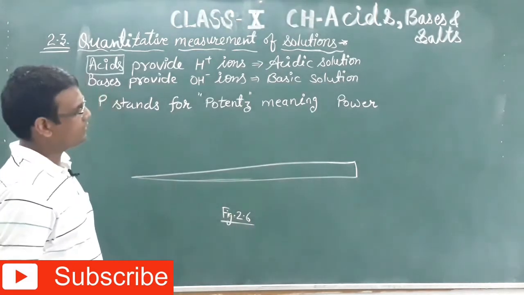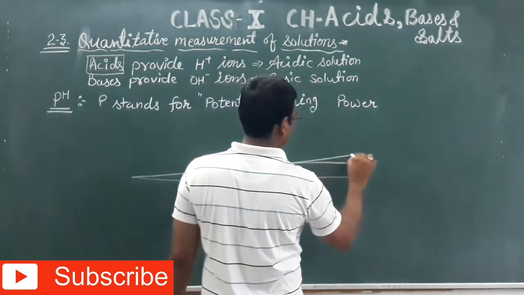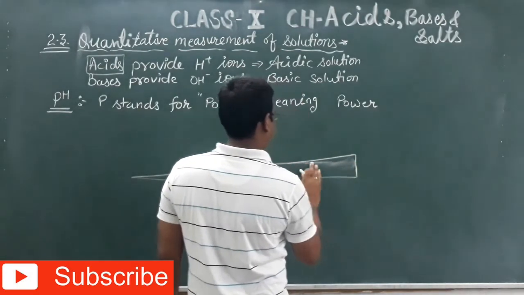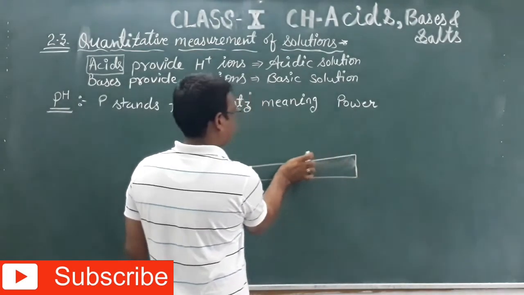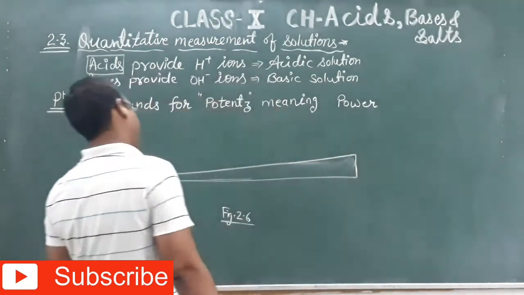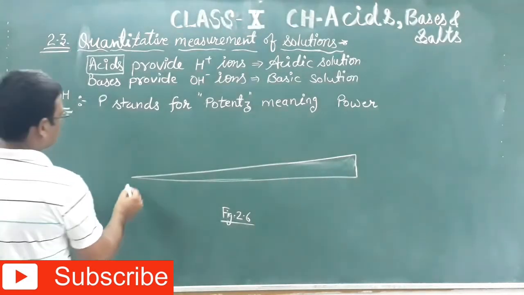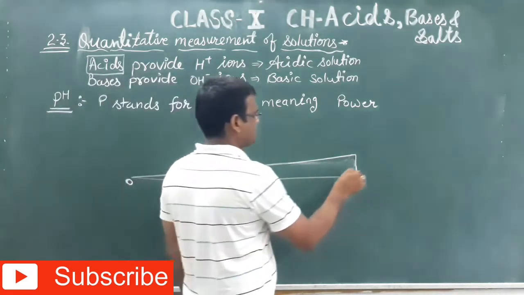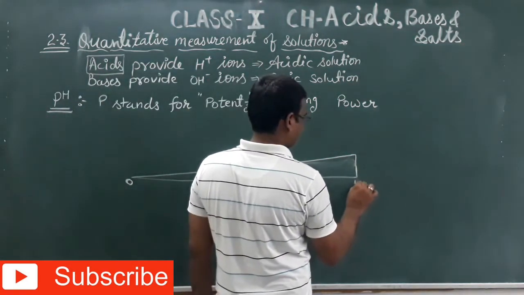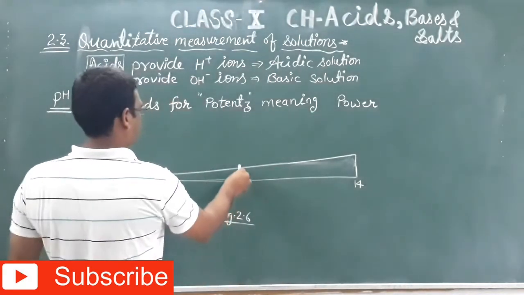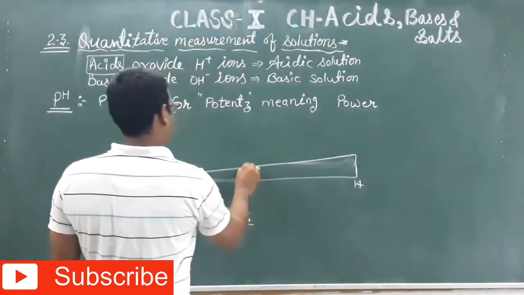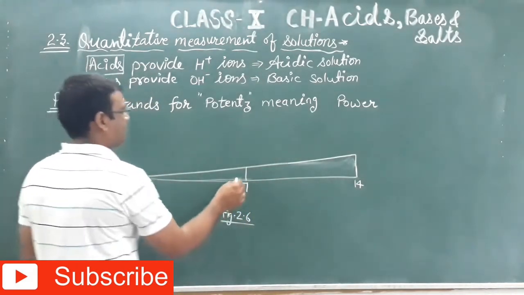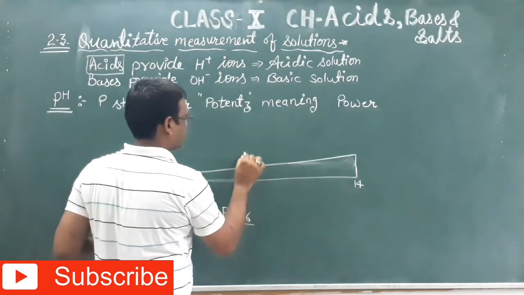This is the scale, and you just need to draw it here. This scale starts from 0 and the maximum value is 14, and in between the value is 7. This middle part is called neutral.